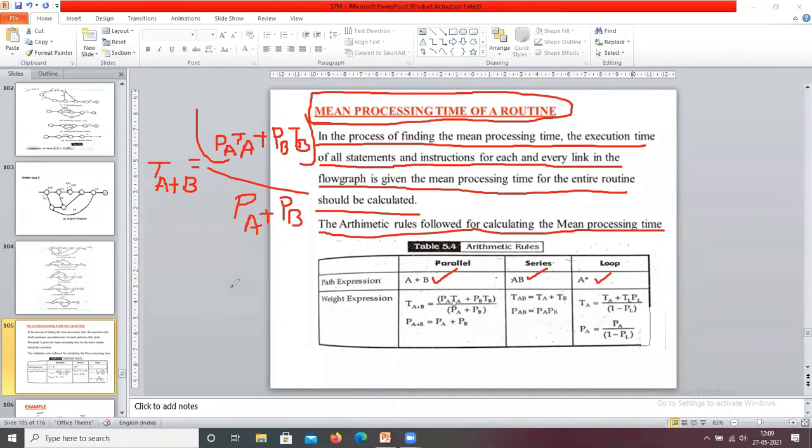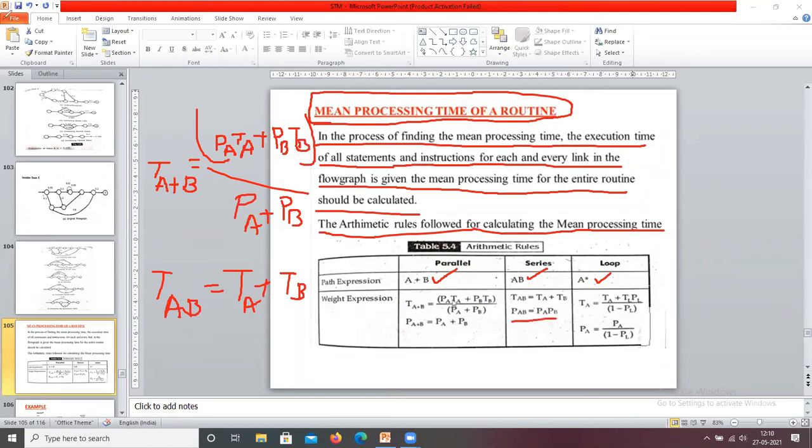If it is a serial link, then time of AB equals TA plus TB, so time of A plus time of B. So probability of AB equals probability of A into probability of B.